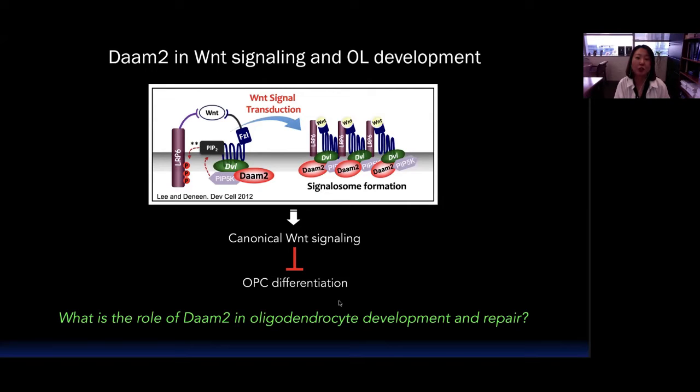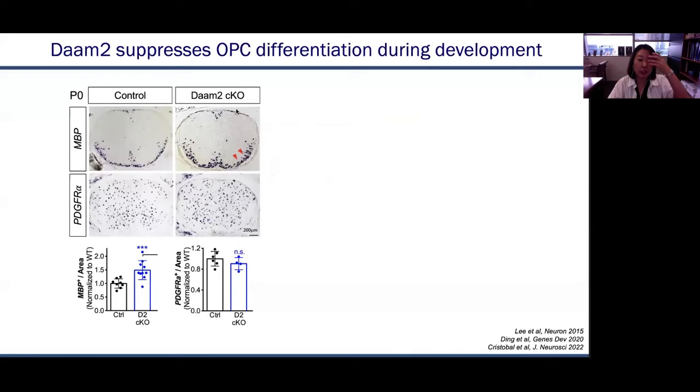I'm going to share with you one gene that we study and how we study it in oligodendrocyte development. First, we made a knockout animal, specifically deleting the gene in the oligodendrocyte lineage. Here we use the SOX10-Cre line to delete DAAM2 in the oligodendrocyte lineage. Then we looked at mature oligodendrocyte expression labeled by MBP, and this is the OPC marker.